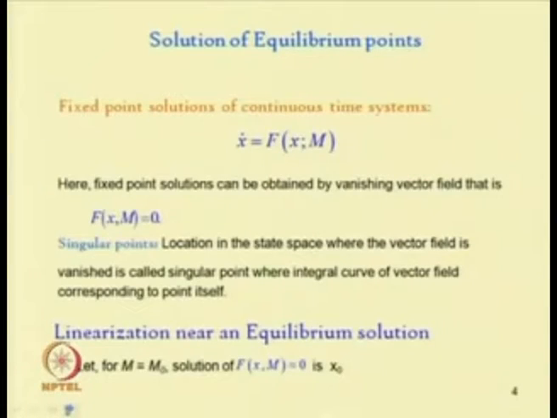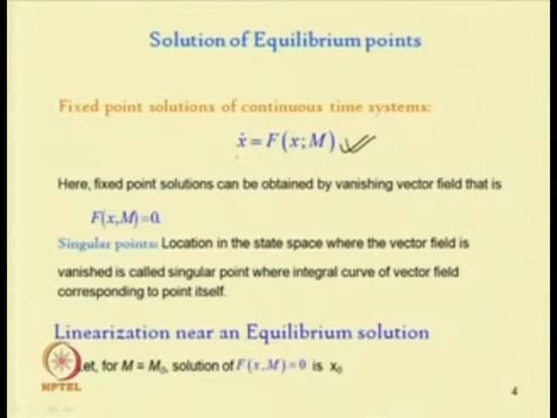Before discussing that, let us review what we have studied before. We studied the solution of the equilibrium points. Equilibrium points are the fixed points. For example, in the equation x dot equal to f(x, m), where m is the control parameter and x is the state variable, to find the fixed point we first equate the terms with time derivatives to 0, that means x dot equal to 0.